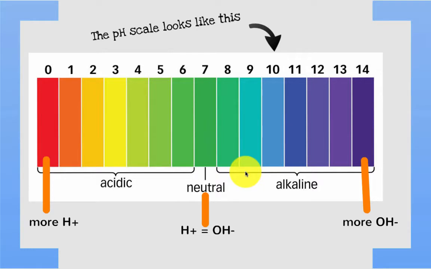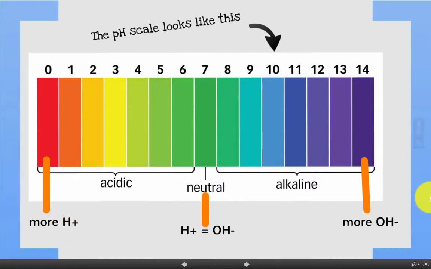So, like I mentioned earlier, pH is determined by whether or not the substance has hydrogen ions or hydroxide ions. Hydrogen is H+, hydroxide is OH negative. So if a substance has more hydrogen ions, it is an acid.